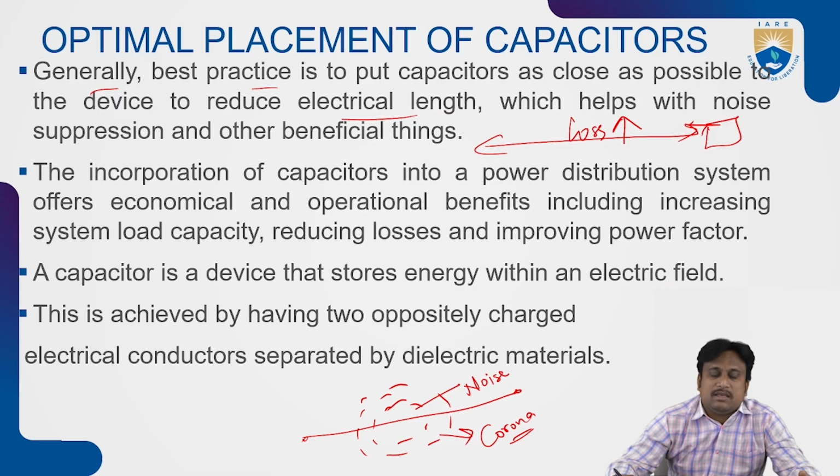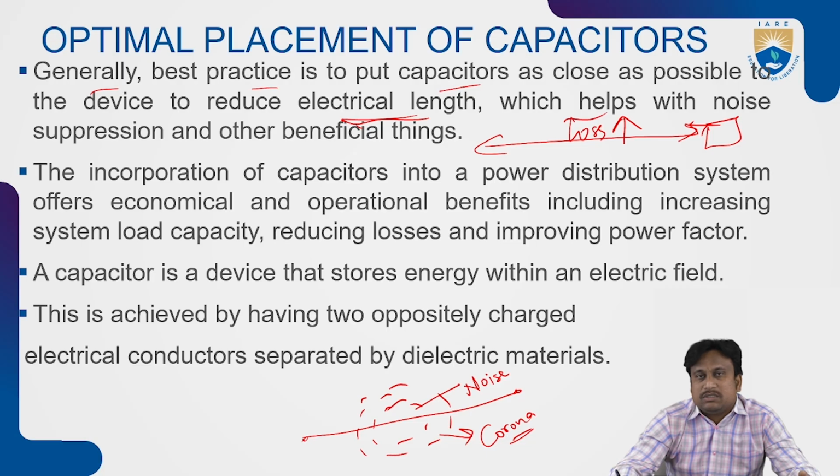That's why we keep the capacitors as near to the devices as possible to reduce the length of the electrical lines. The result is that it helps with noise suppression and other beneficial things.